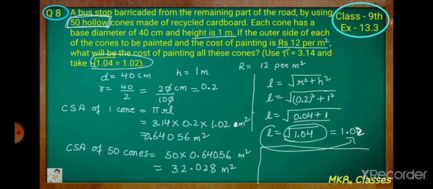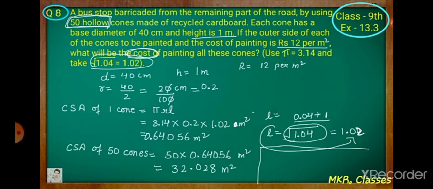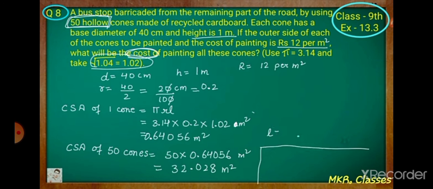Now we have to find the cost. The cost of 1 meter square is 12 rupees. So the total cost will be 32.028 multiplied by 12.